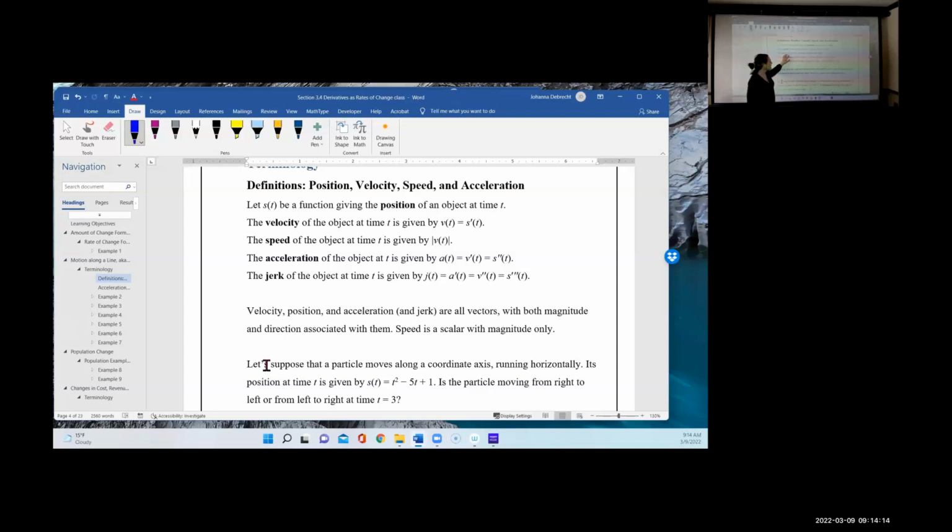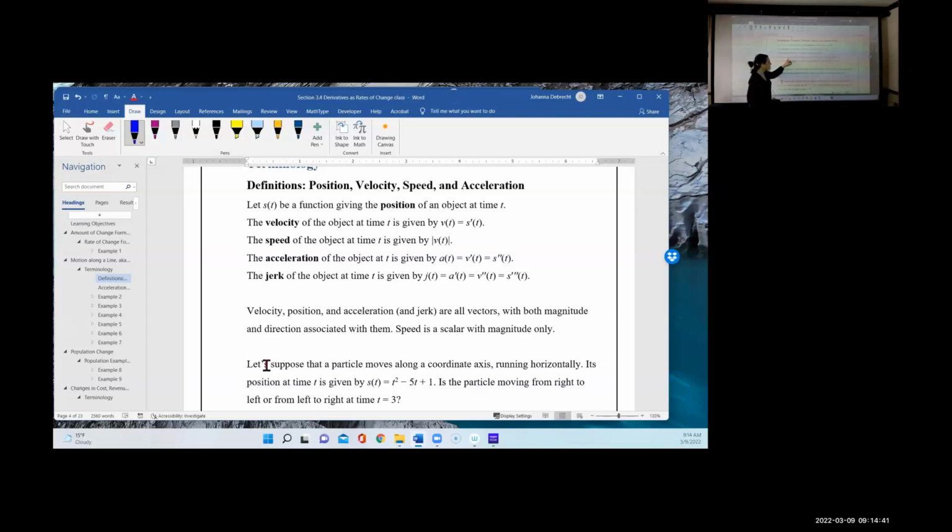Then the speed of the object is given by the absolute value of velocity. Velocity is actually a vector. It has both direction and magnitude. So when you say velocity, you can't just say 60 miles per hour. That's speed. You have to say 60 miles per hour north or 60 miles per hour west. You have to give a direction as well associated with the velocity.